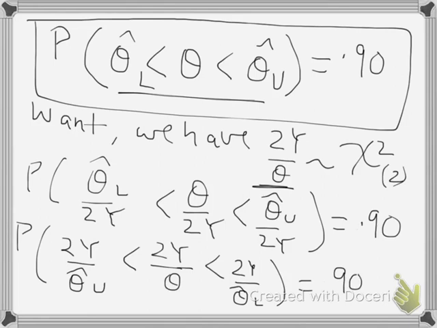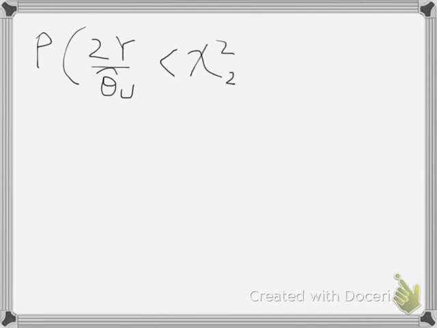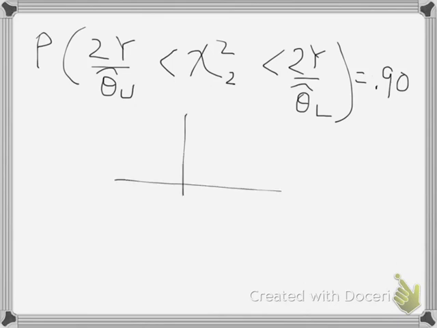And now I'm almost set to figure out these probabilities using chi-square. So the probability that 2y over theta is between 2y over theta hat upper and 2y over theta hat lower, this is a chi-square with 2 degrees of freedom, is 0.90, right? So now I go to the chi-square table, and keep in mind 2 things.